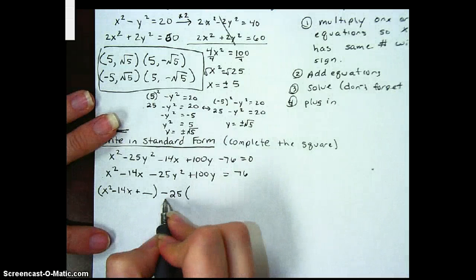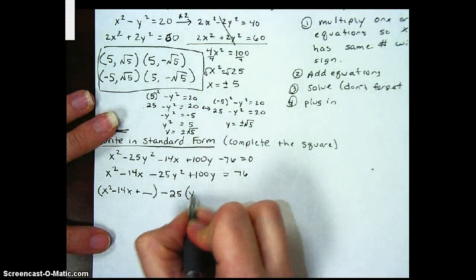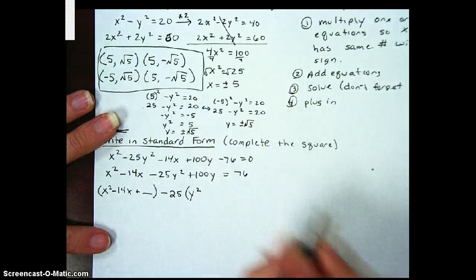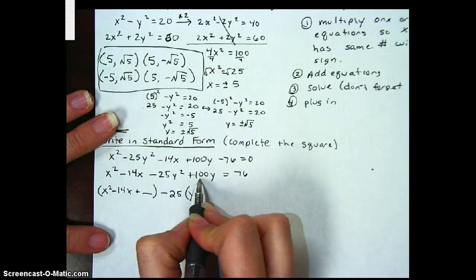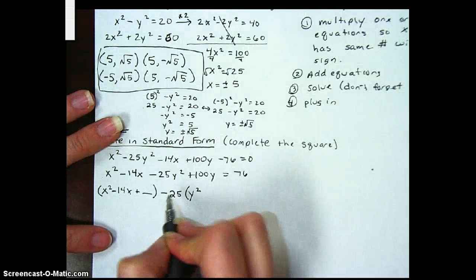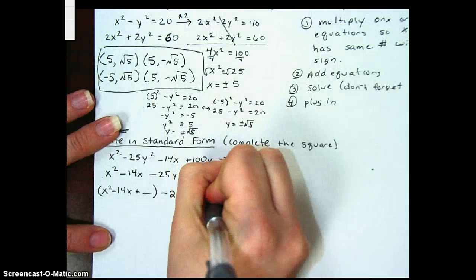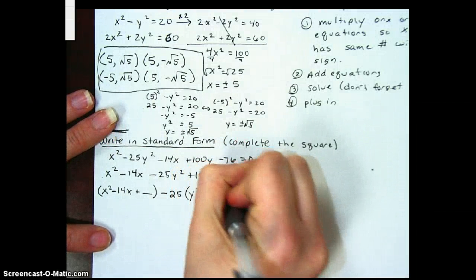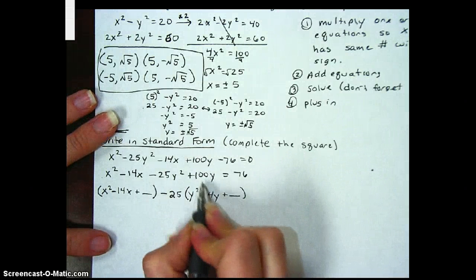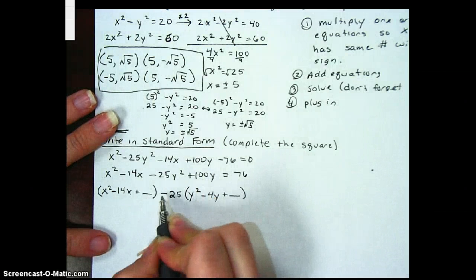We have to factor out that negative 25 because you have to have a positive square term inside. That has to be positive y squared. If I divide positive 100 by negative 25, it's going to leave you with negative 4y. Also, another big area you can make a mistake is forgetting to take the negative out of that middle term as well. So you're dividing it by that whole constant.